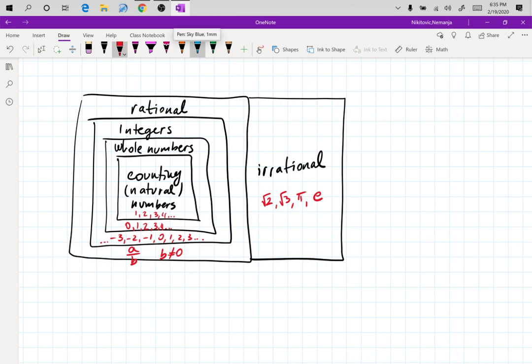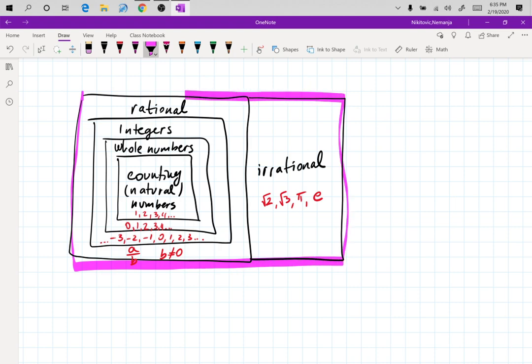So when you put these two together in one box, that is called real numbers.